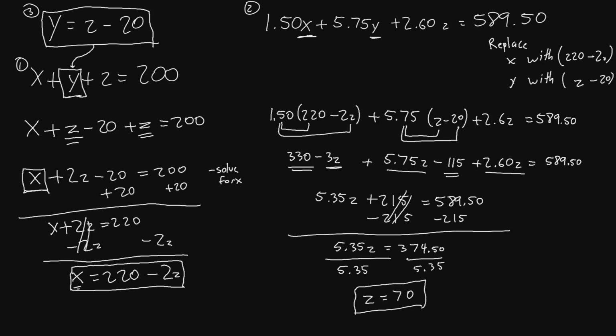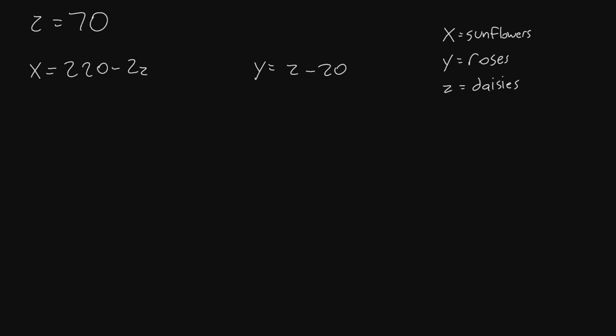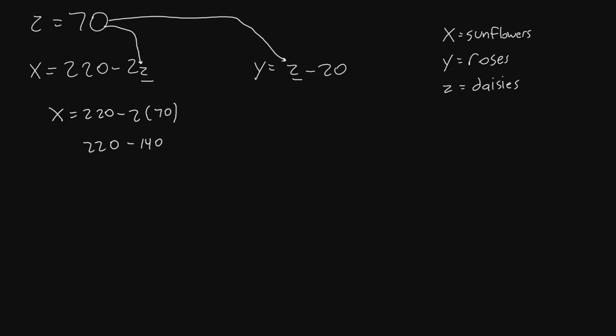We still have a little bit more work to do, because Y was equal to Z minus 20, and X was equal to 220 minus 2Z. Now that we have 70 for Z, let's find X and Y. So we're going to place 70 into both of these positions, here for X and here for Y. So X will equal 220 minus 2 times 70, which is 220 minus 140, giving us an X value of 80.